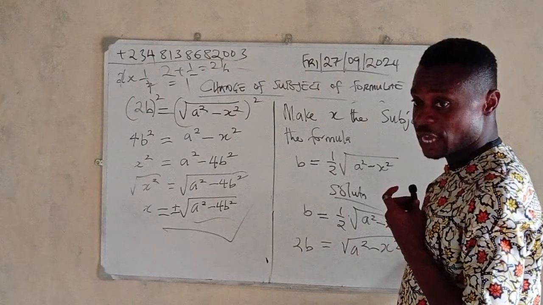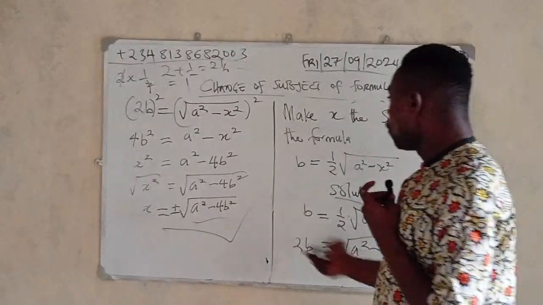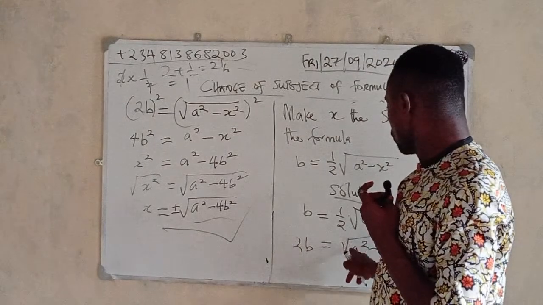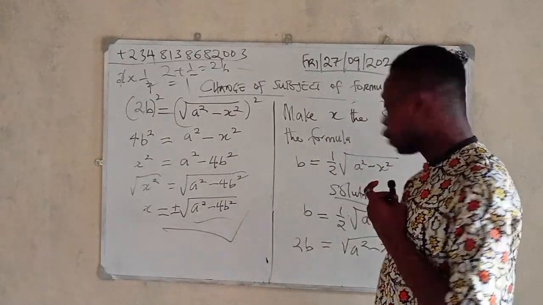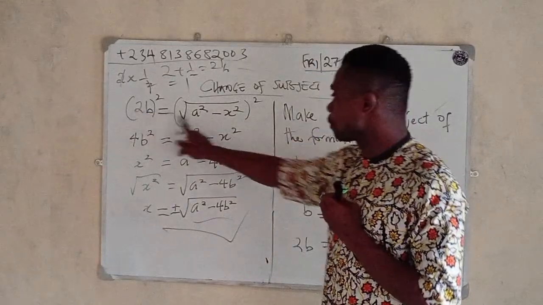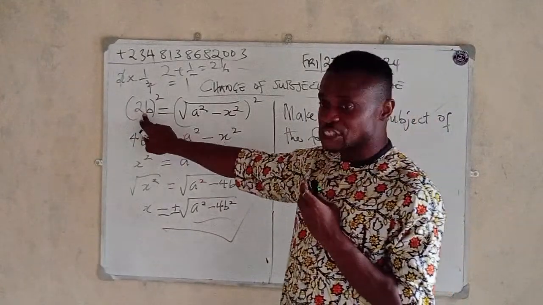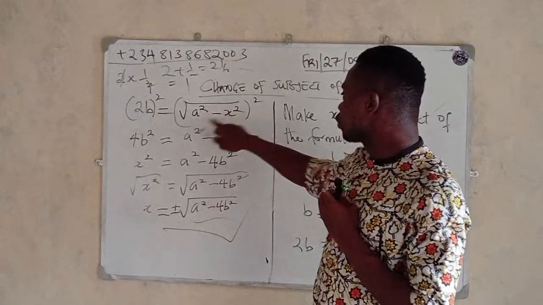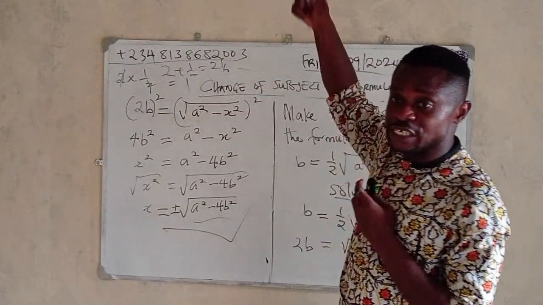Now the next thing I did here is that because here is a square root, we square both sides, but we want to work on this one here. We square both sides, that's what we did here. If we square this one, you get 4b squared. If you square this one, this root sign will do what? Disappear.